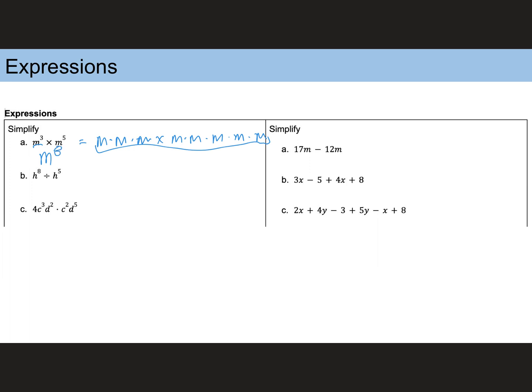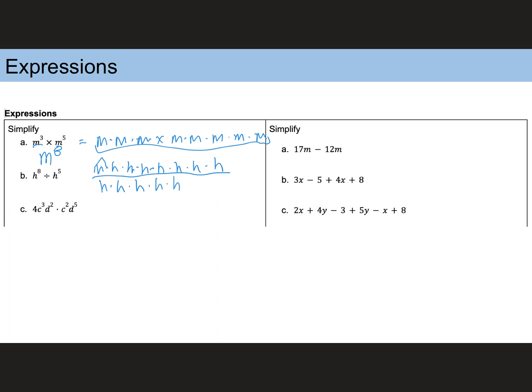For B, I have H8 divided by H5. H to the power of 8 divided by H to the power of 5. So I have 1, 2, 3, 4, 5, 6, 7, 8 H's divided by 1, 2, 3, 4, 5.